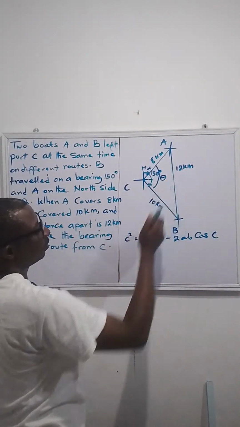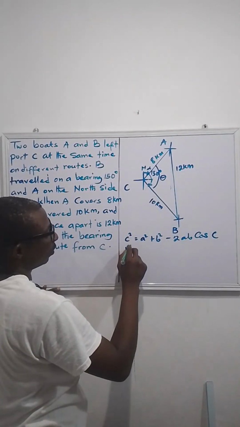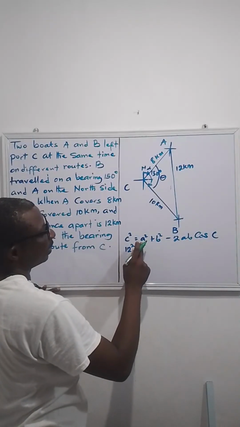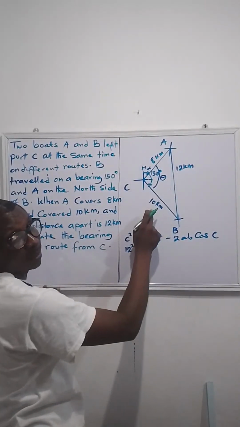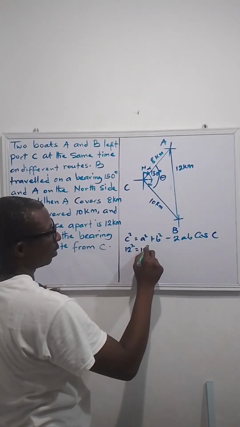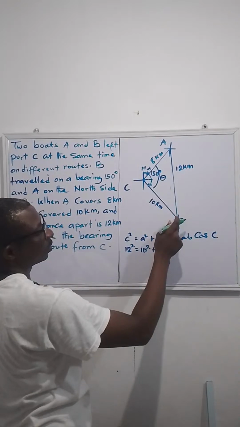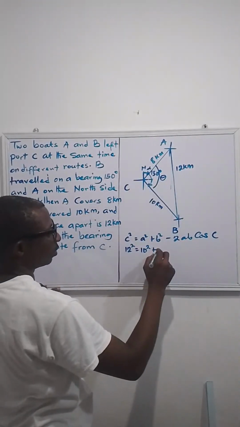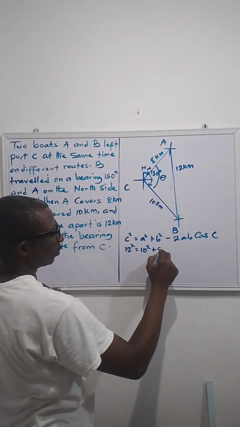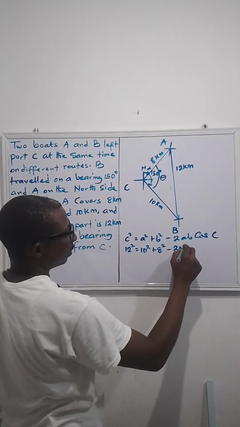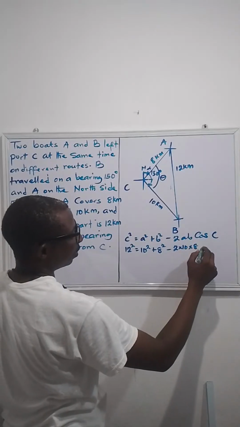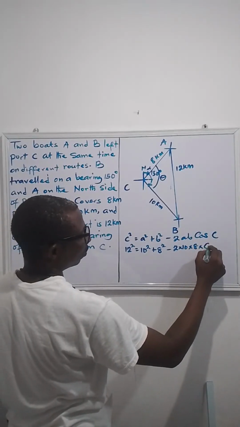Side c has been given to be 12, so we have 12 squared. Side a is 10, so 10 squared, plus side b, that's 8, so plus 8 squared, minus 2 times 10 times 8 times cos C.